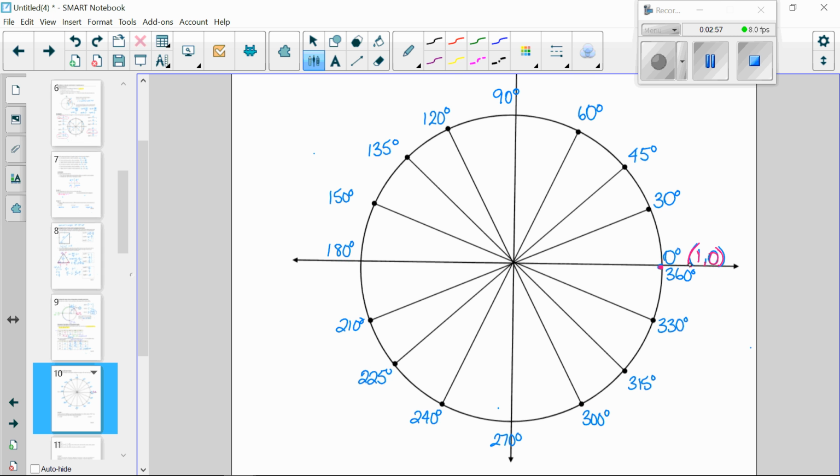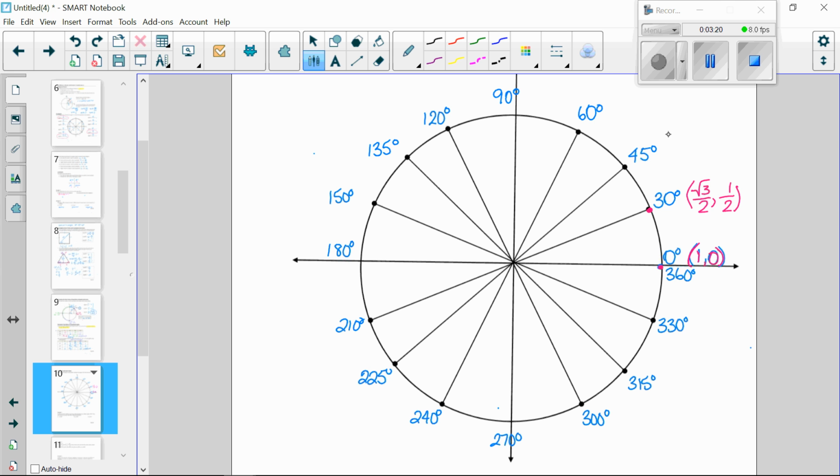Cosine. So what was the cosine of 30? Well, the cos of 30 was root 3 over 2. That's the x-coordinate of this point right there. What would the y-coordinate be? The sine. The sine is 1 over 2.